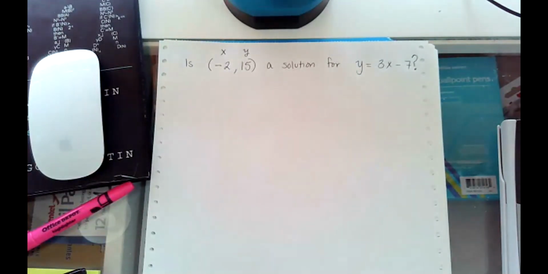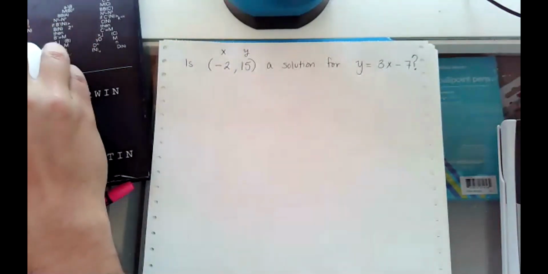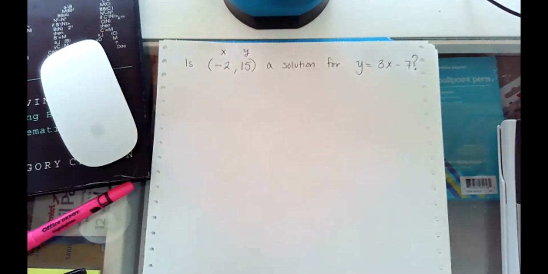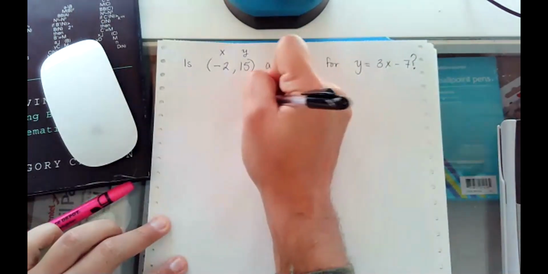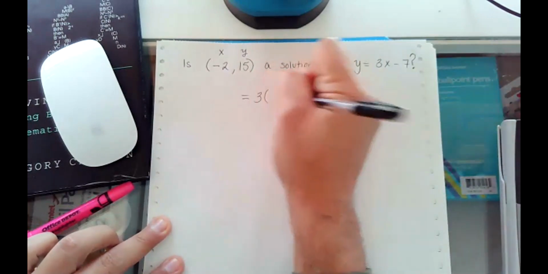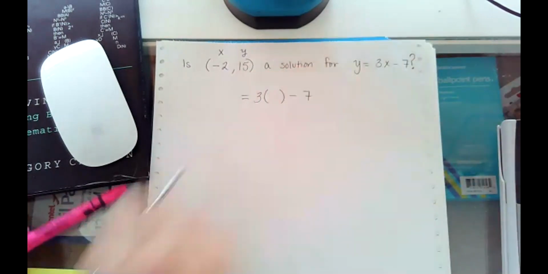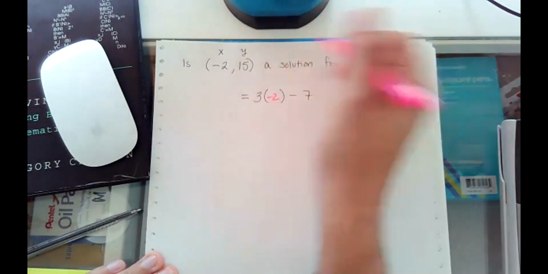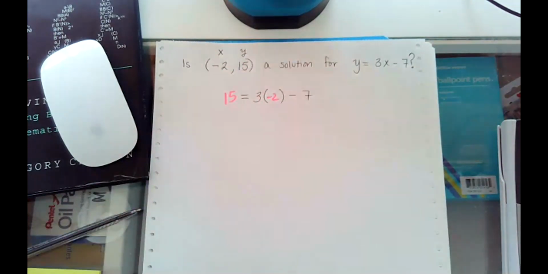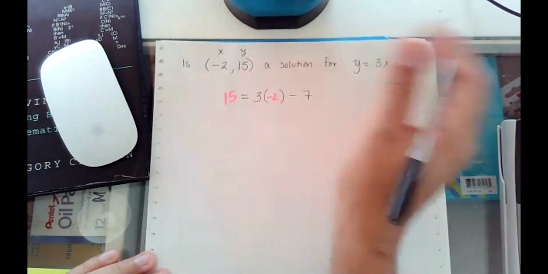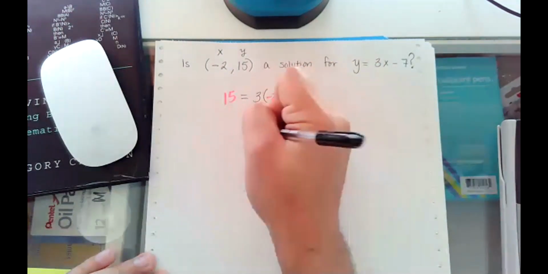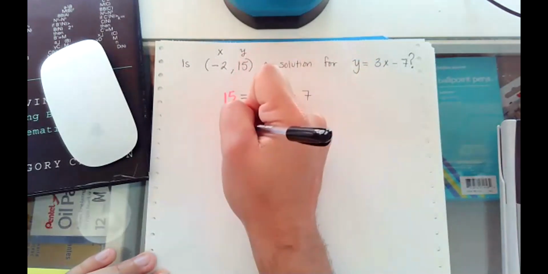Cool. Right, not a solution. Not a solution is what I'm getting. So you would just go ahead and plug these values in. We have 3 times a value minus 7. And my x value is -2. My y value is 15. And then I would go ahead and run through the arithmetic, the algebra. -6 minus 7 is equal to 15.